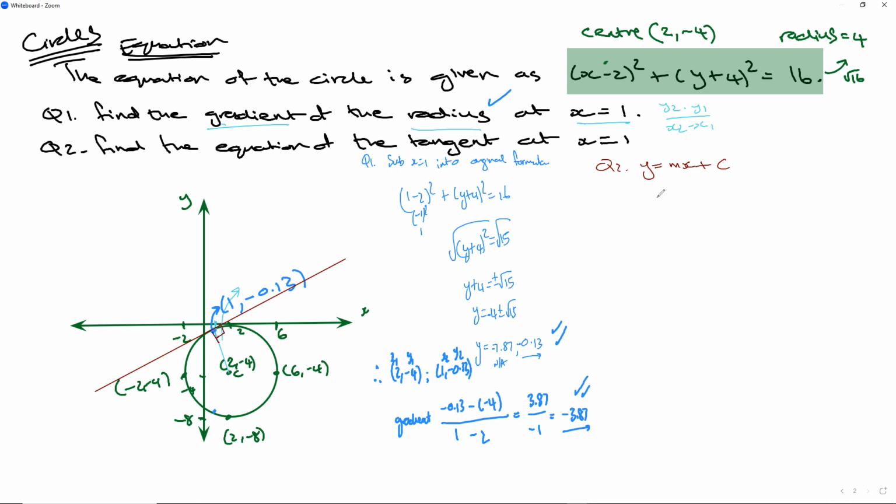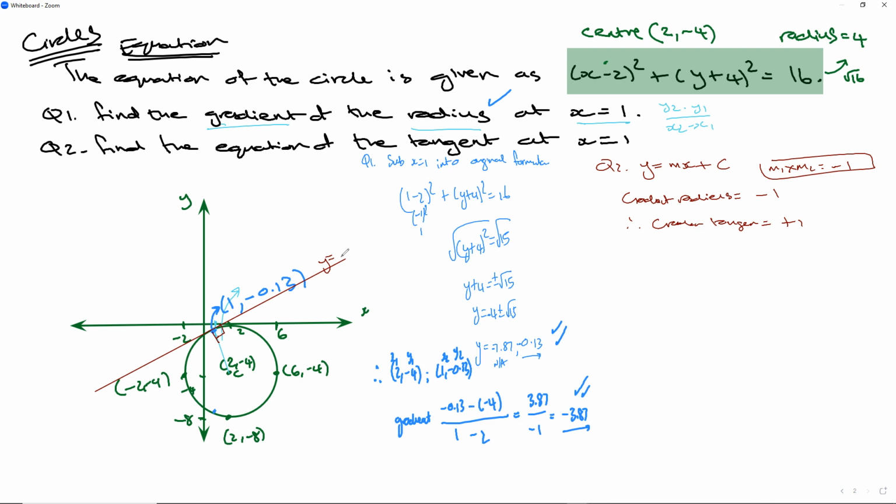And it helps me because the gradient of the radius is equal to negative 1. So therefore, the gradient of the tangent must be equal to positive 1 because of the m1 times m2 equals negative 1 rule for perpendicular lines.